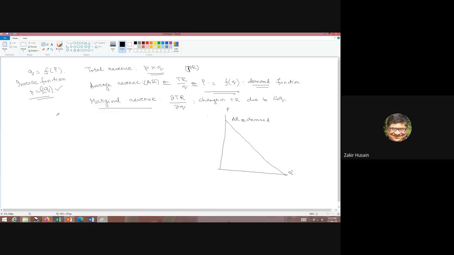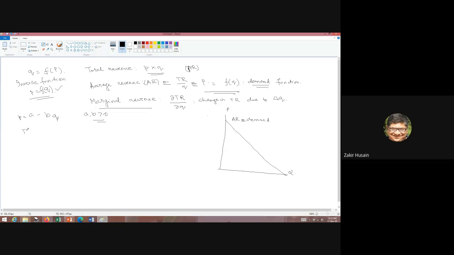Now suppose we have a linear function. So this will be the slope. This will be the functional form a minus bq, where both a and b are positive, right?